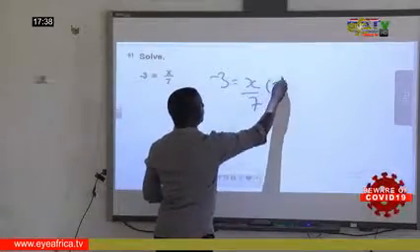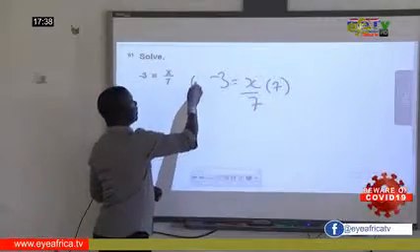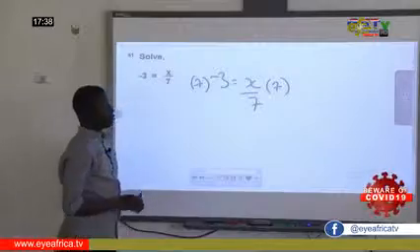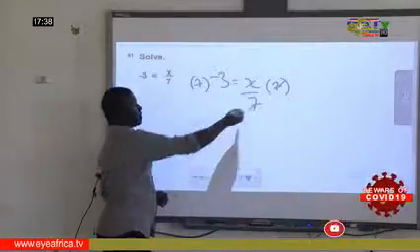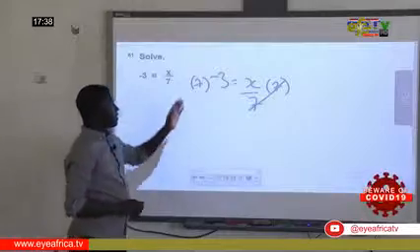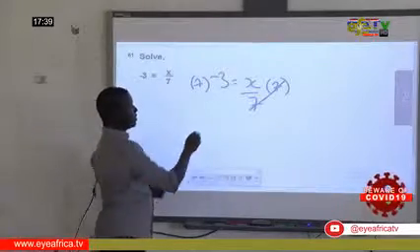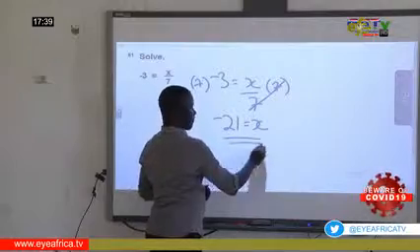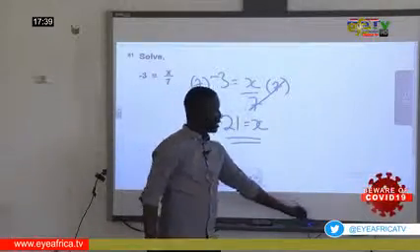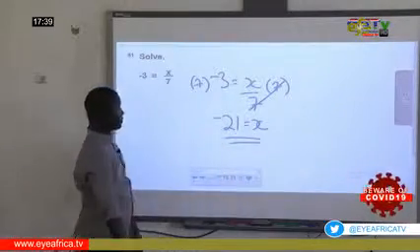In doing so, we multiply here by 7, and we multiply this side as well by 7. 7 undoes 7 here. 7 times negative 3 is negative 21 equals x. Negative 21 equals x.